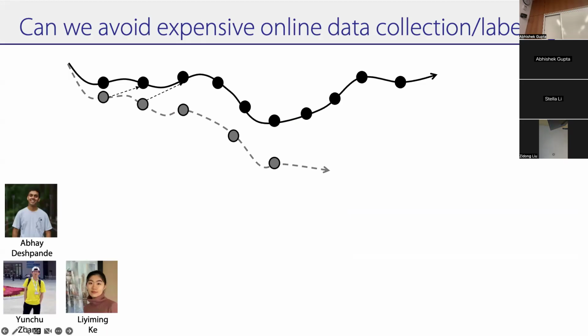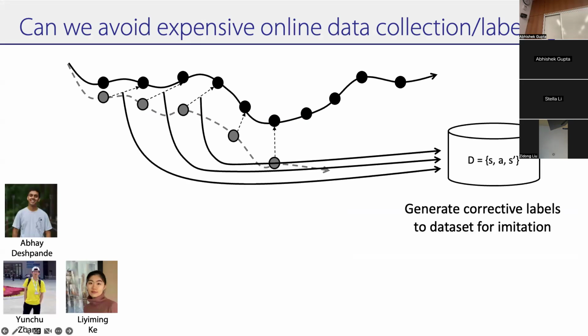Their key insight was, how do I generate data synthetically to be corrective for imitation learning? Instead of having a human or a physics simulator provide those labels, they were trying to think of how we can use learning-based methods to synthesize corrective labels for imitation learning.